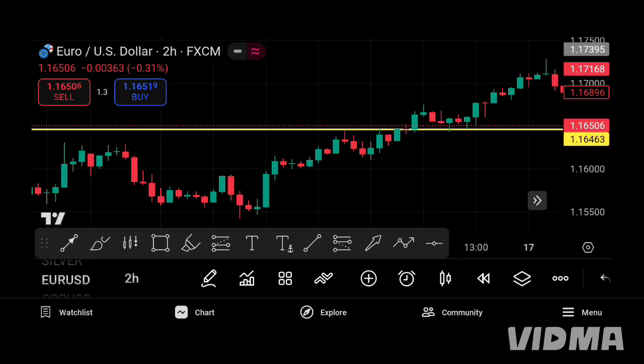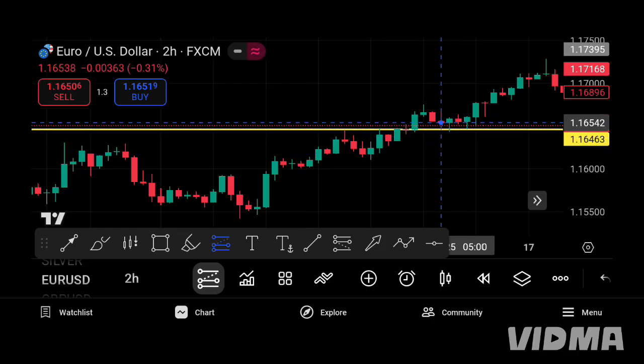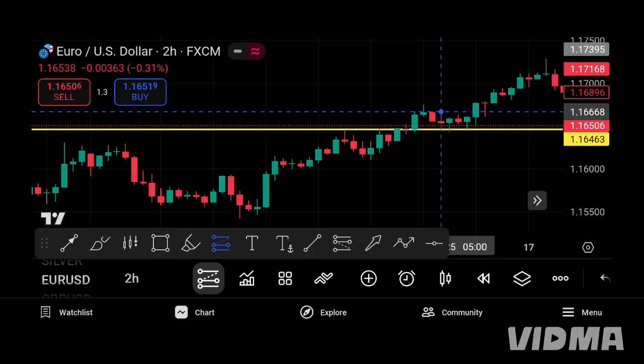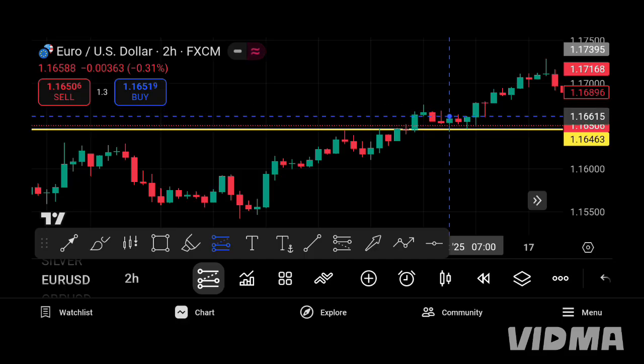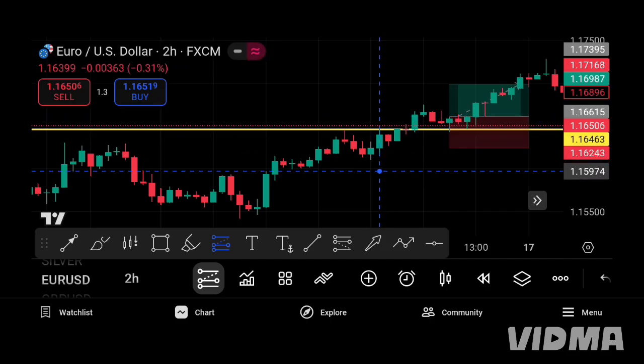So then after that, we wait for it to close, and after it closes, we mark its high here. It's where we're going to enter from. We're going to enter from its high.